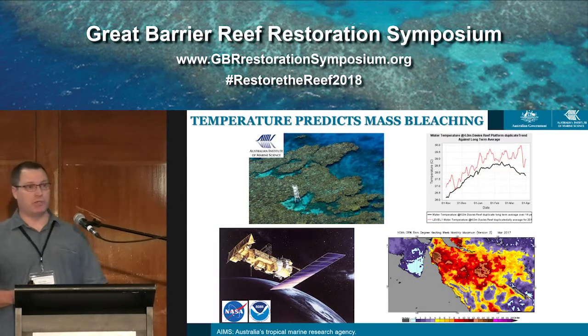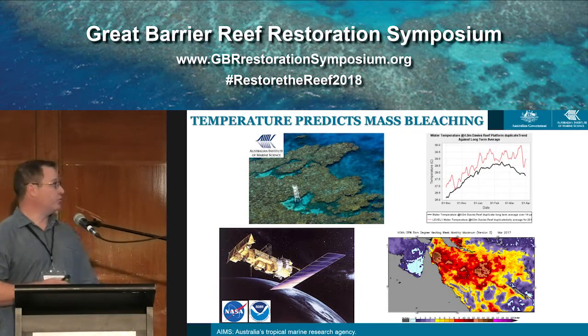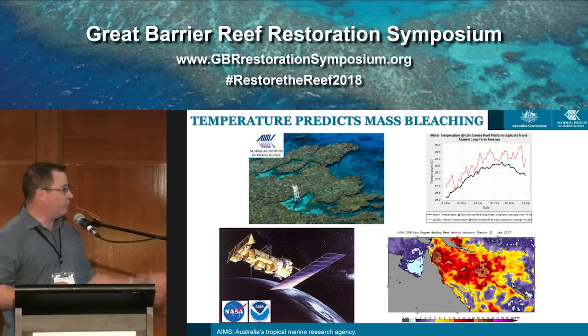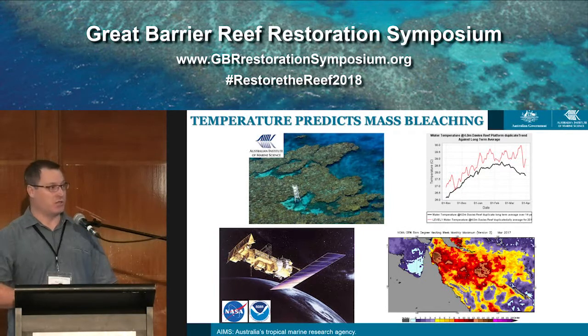Temperature predicts mass bleaching. Our best predictor of when we're going to see bleaching relates to sea surface temperature. The footprint of severe bleaching, when we get in the water and see where it occurs, closely matches that 2017 footprint of max sea surface temperature anomalies.